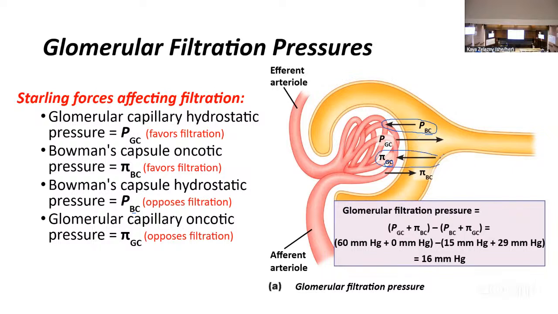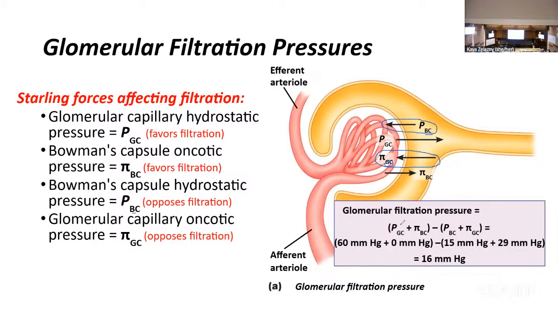Okay. So we're going to be using these forces to calculate or to think about the relationships that result in our total glomerular filtration pressure, which is the same thing as our net filtration pressure. We're just now being specific that we're talking about the glomerular capillaries specifically. So these capillaries in the kidney. So we can see that that equation works the same as our net filtration pressure did, right?